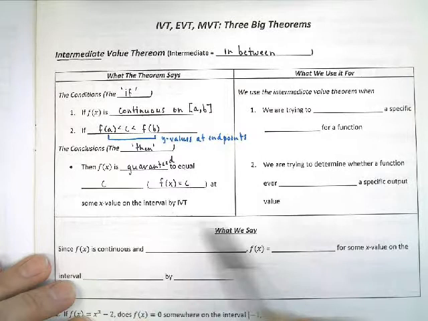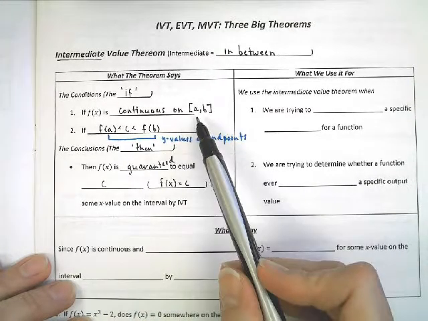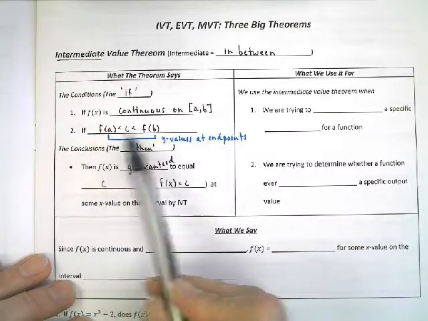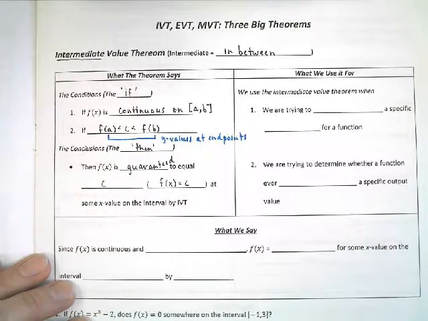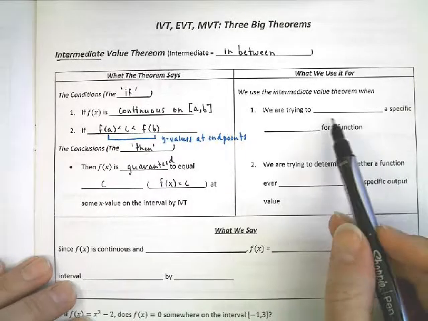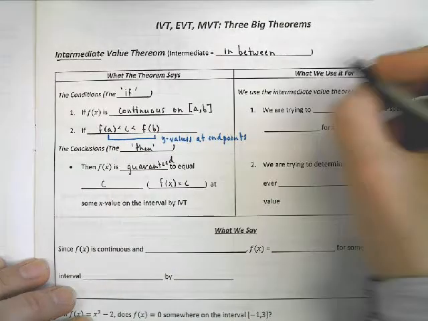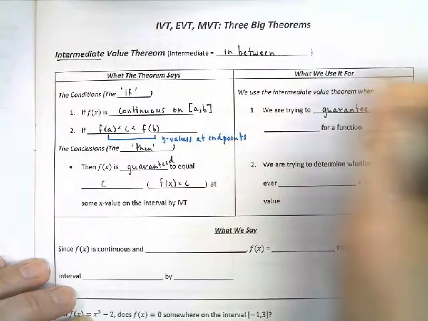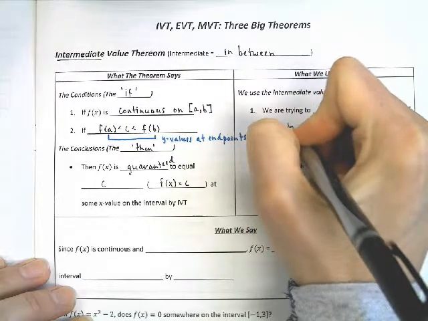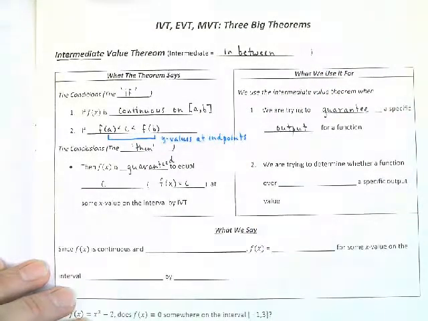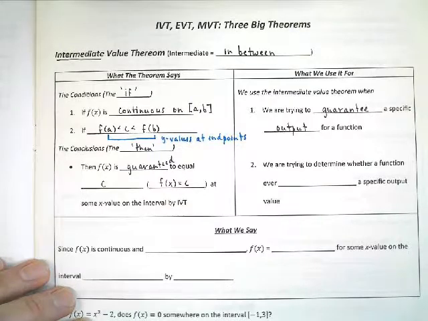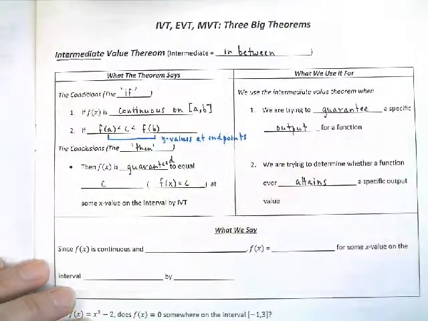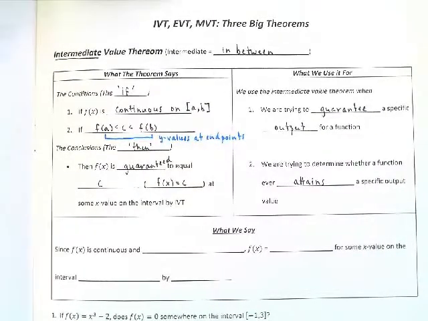What this is really telling us is that if we're continuous on a closed interval, then our function has to take on every value in between the two endpoint values. So we use this theorem when we're trying to guarantee a specific output for a function. We also could say we're trying to determine whether a function ever attains a specific output value. So those are the purposes, that's why we use this theorem.